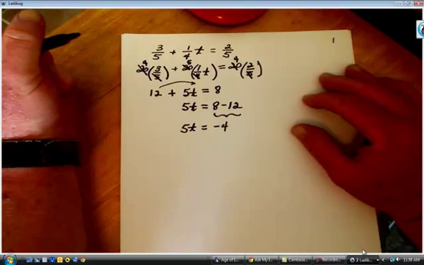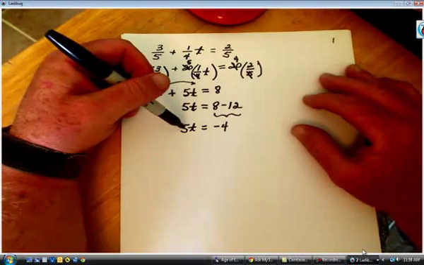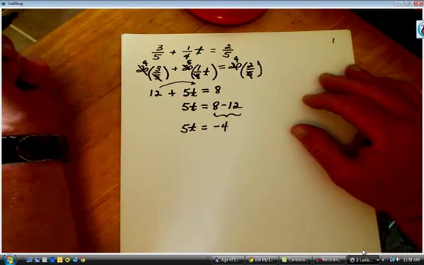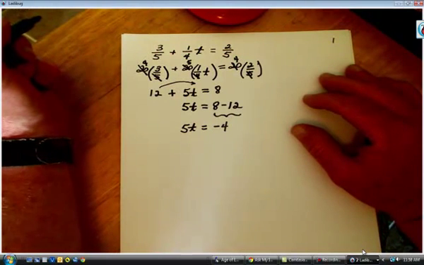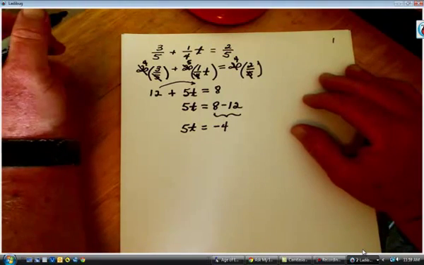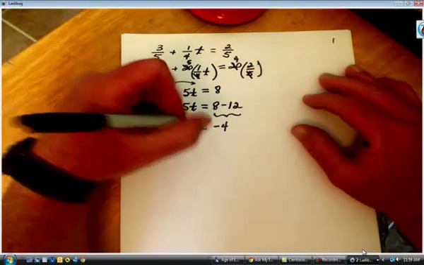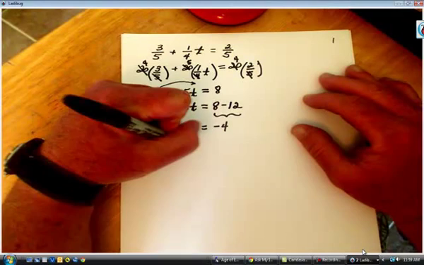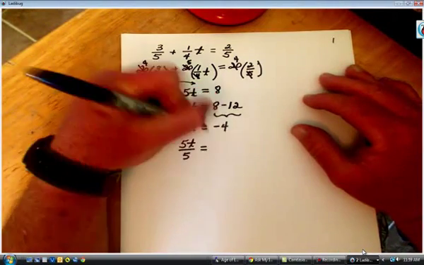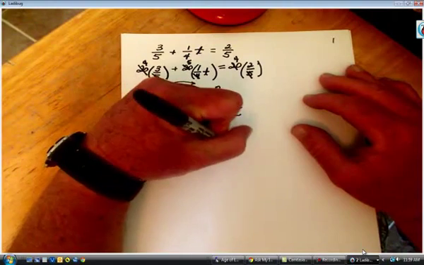Finally, as we speak, multiplication is taking place between that 5 and that t. To undo that multiplication, we need to divide by the thing we're trying to get rid of, by that 5. So in a new step, we're going to write down 5t over 5 equals negative 4 divided by 5.